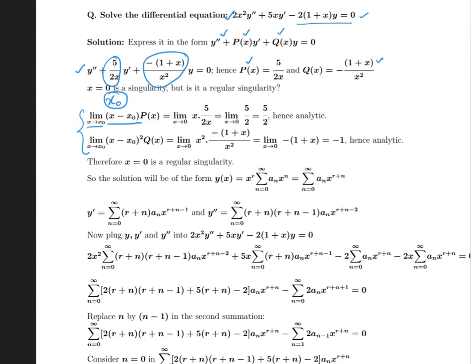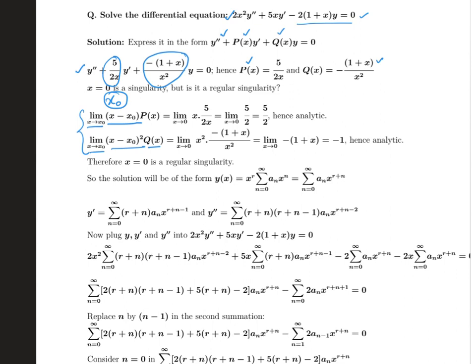If that limit exists, as well as the limit as x approaches x naught of (x minus x naught) squared times q of x, then we call the point x naught a regular singular point. If one or both of these limits do not exist, then we say it's an irregular singular point. In our case, let's figure out whether it's a regular singular point or not.